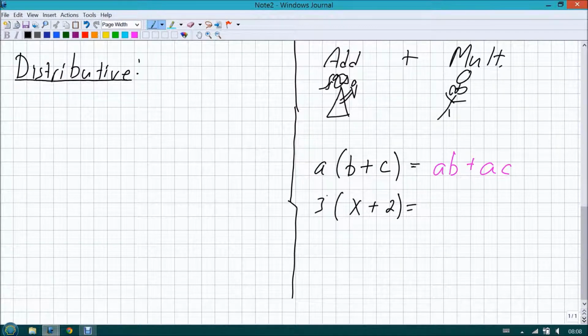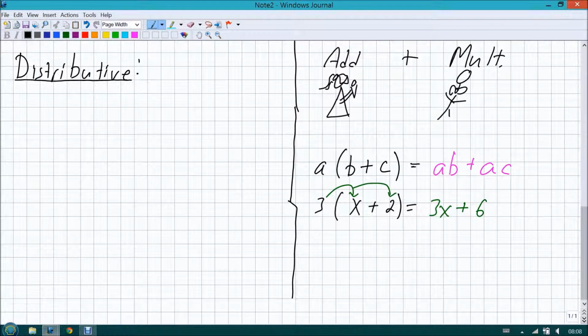So to do that, we would distribute the 3 this time instead of the A to both the x and the 2. And when we do that, we would say 3 times x is 3x. 3 times 2 is 6. So it becomes 3x plus 6.